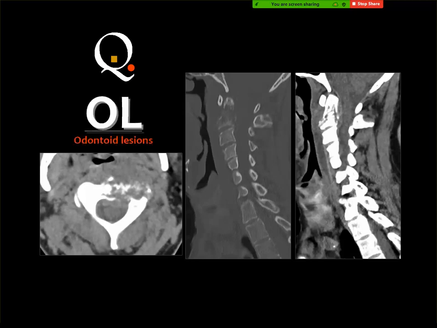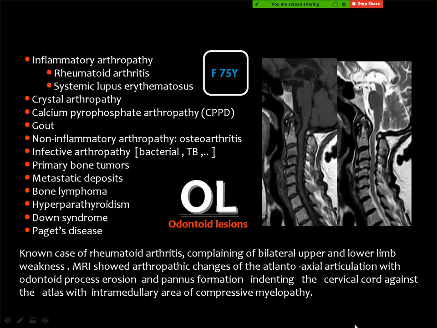Okay, and this is an odontoid lesion, and this is the differential diagnosis of odontoid lesion. I should mention once more to look carefully at the region of the odontoid process while evaluating the cervical spine on the plain film, in CT, and in MRI.